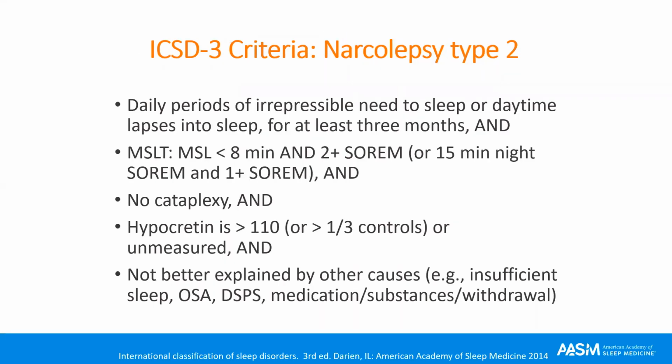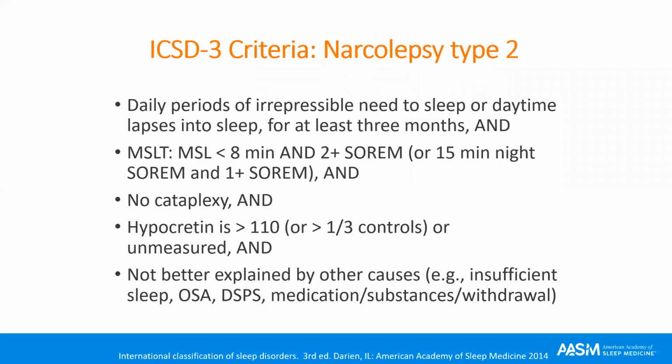What about narcolepsy type 2? Previously known as narcolepsy without cataplexy. So the same exact language for daytime sleepiness for at least 3 months, the same exact findings on the MSLT, less than or equal to 8 minutes, 2 or more naps, plus the nighttime with sleep onset REM periods. That's why both diseases are called narcolepsy.